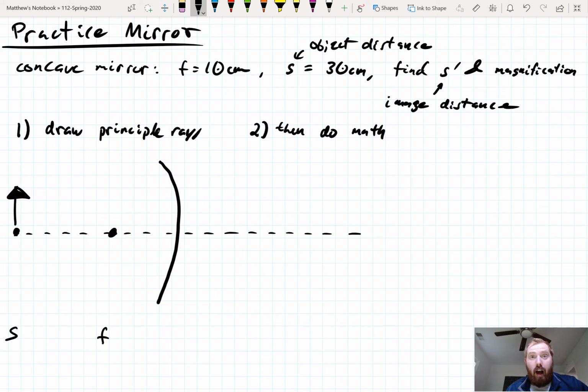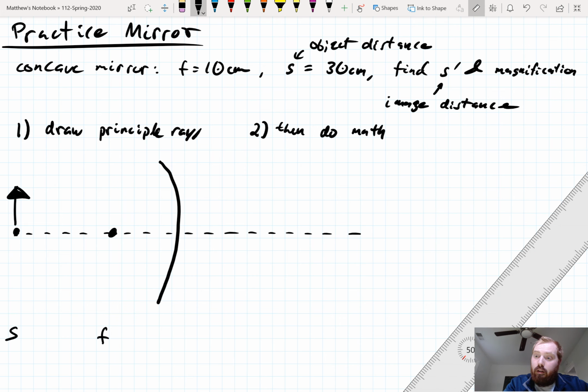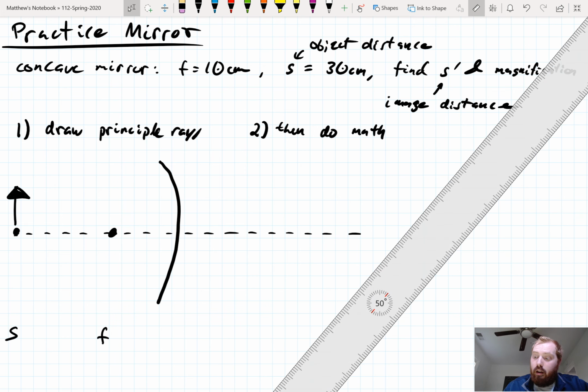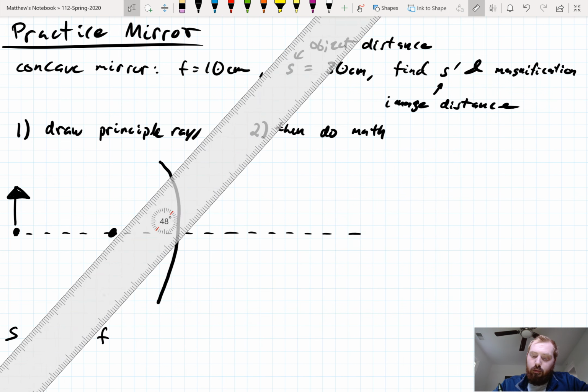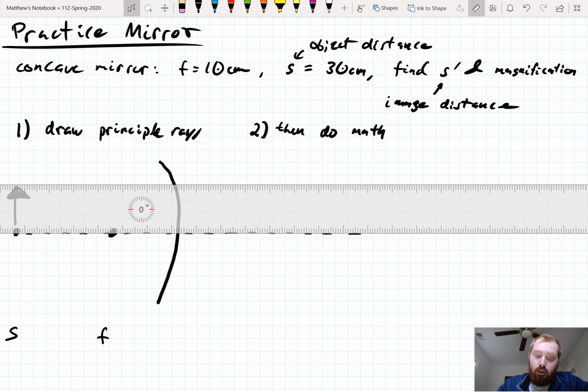Now, find the image. Well, we're going to shoot in principal rays. My favorite, I always start with the one that's parallel to the optical axis. I always start there. All right.